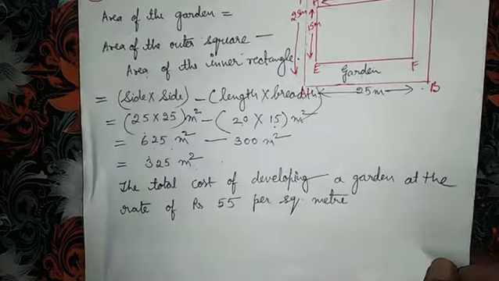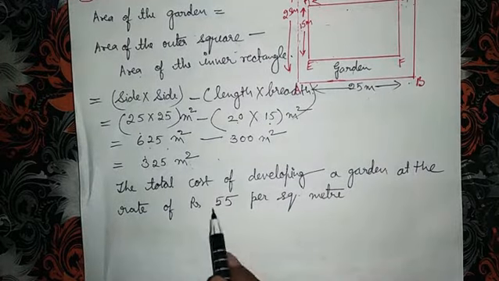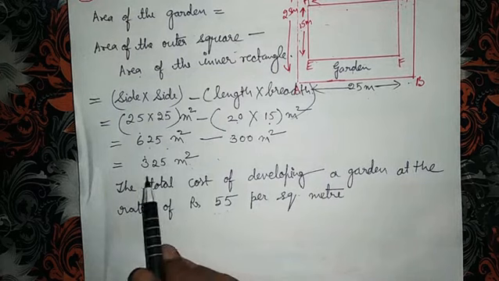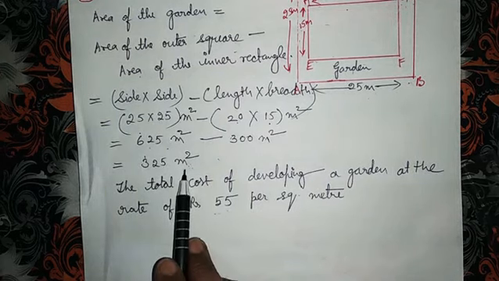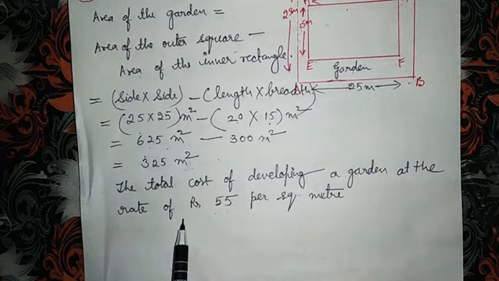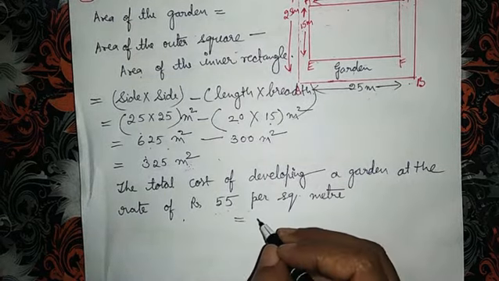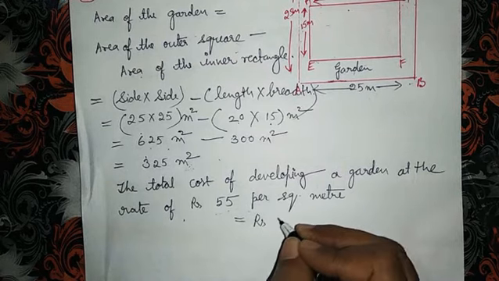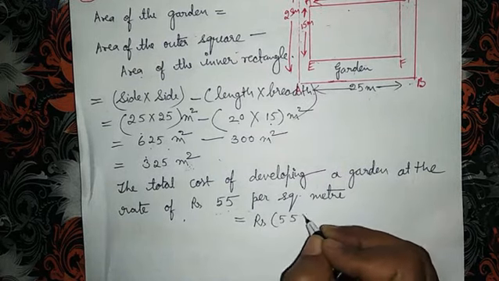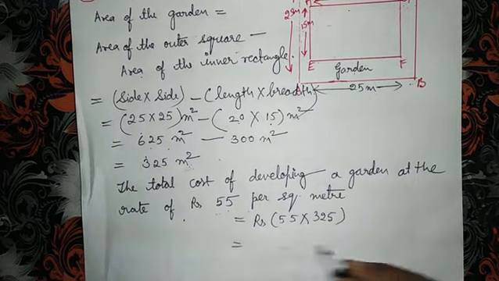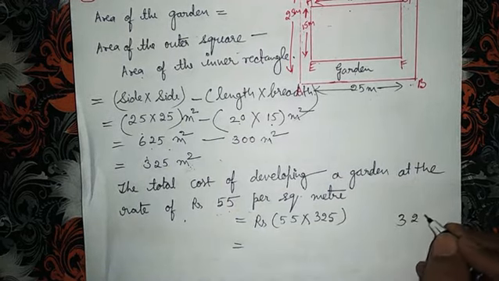Yes, cost of 1 square meter is rupees 55. Okay, so for 325 square meter you have to calculate. For this you will write here rupees 55 into 325. Now we multiply this.